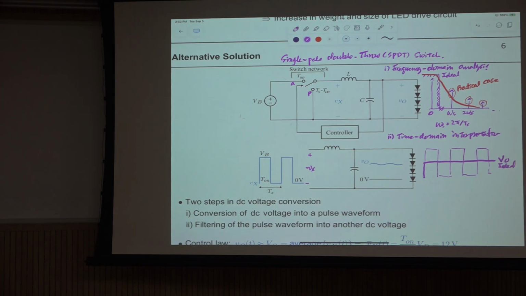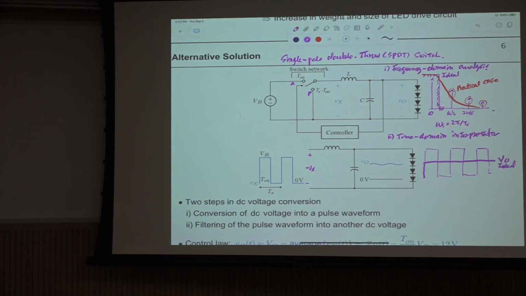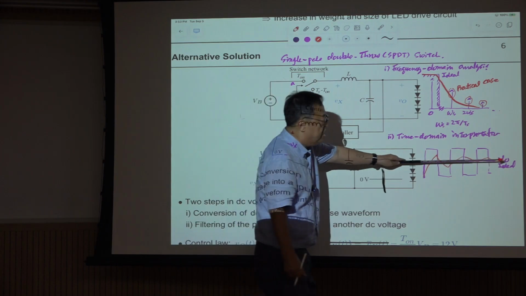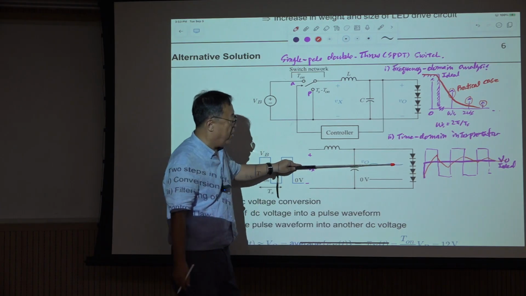But in reality, if these values are not infinity, then the output voltage will follow this during this time period, follow this, follow this, and follow this. Eventually, it will be something similar to DC, but not perfectly DC. This is the voltage waveform for the practical case.